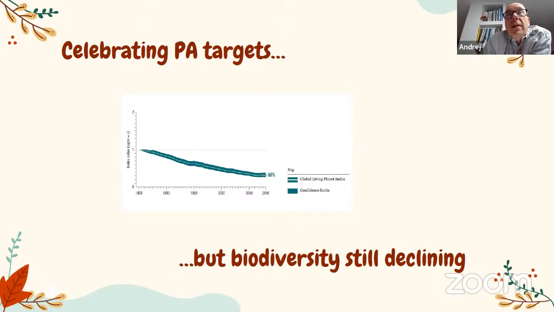So we lost 68% of those species. I mean, their populations and the trends are declining, which means that in the period of 50 years, which is a tiny drop of time in the history of our planet, we managed to destroy more than two thirds of the former biodiversity values.